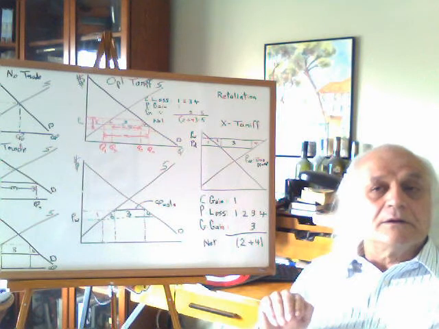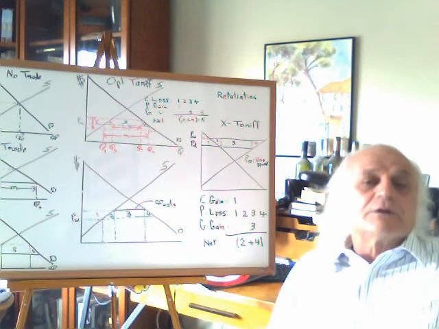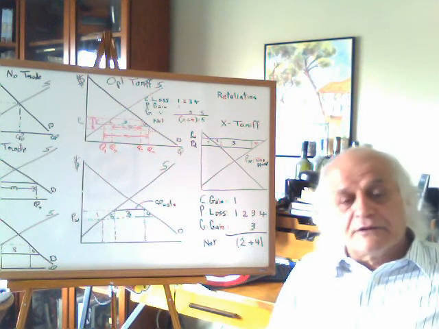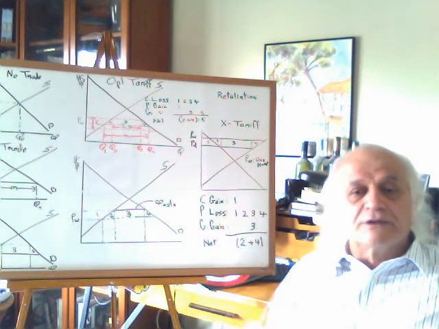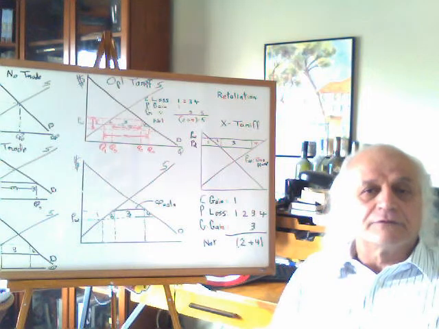But the equilibrium price in the market is 5. So the first individual would have been willing to pay $10, but actually wound up paying only $5.